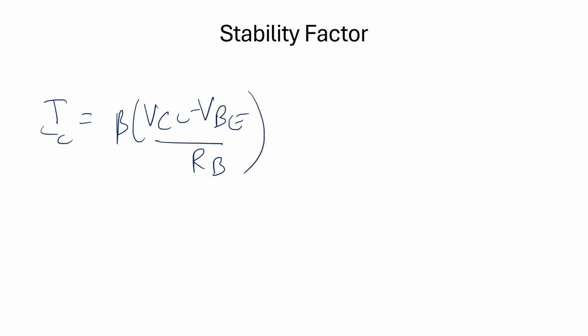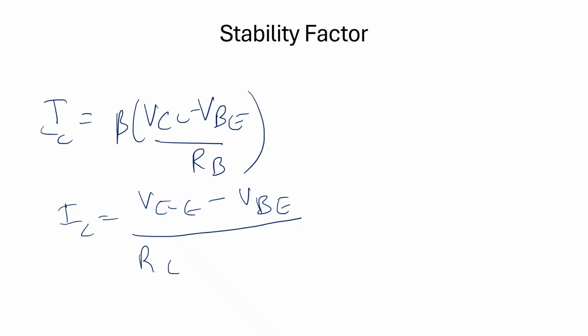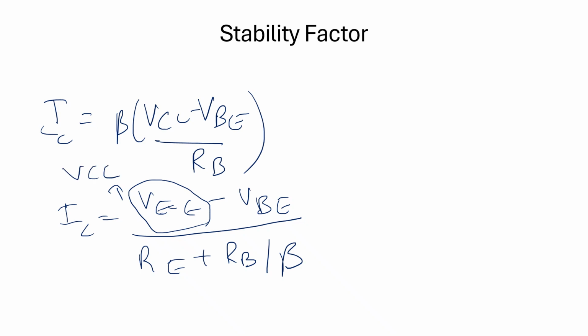In emitter bias, IC is equal to VEE minus VBE divided by RE plus RB divided by beta, and in collector feedback bias, IC is equal to VCC minus VBE. In collector feedback bias, VEE is replaced by VCC and RE is replaced by RC.